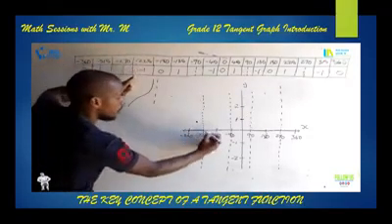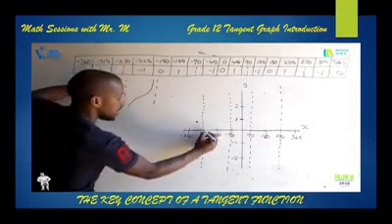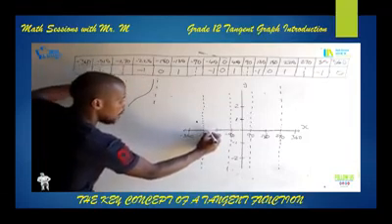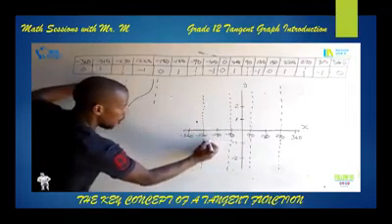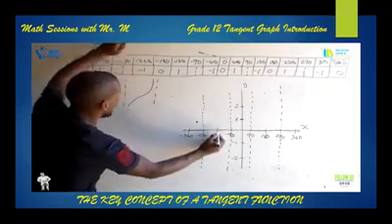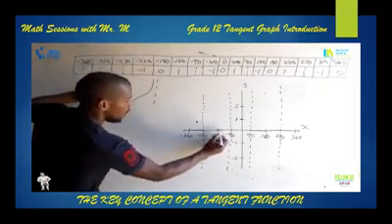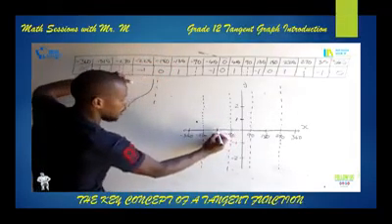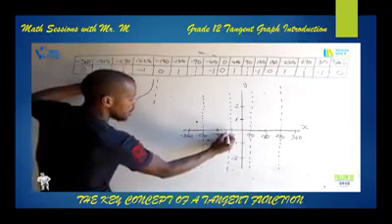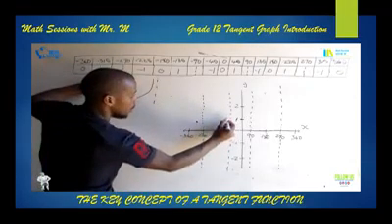At 225, between 270 and 180, it's negative 1. So it's somewhere here, meeting at this point. At 180, it's at 0. At 135, it is between negative 90 and positive 1, somewhere there.